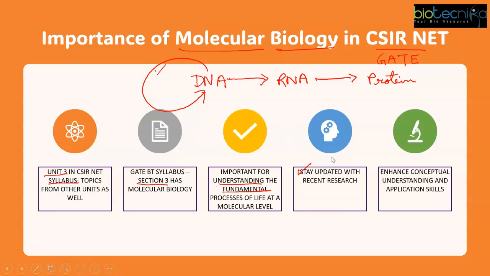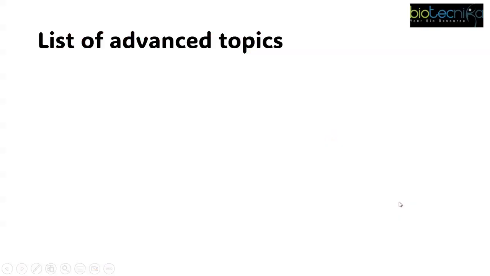This is especially important if you are applying for the CSIR NET exam, because one or two questions in part B or part C might come from recent research in molecular biology. Preparing for it enhances conceptual understanding and application skills as well.